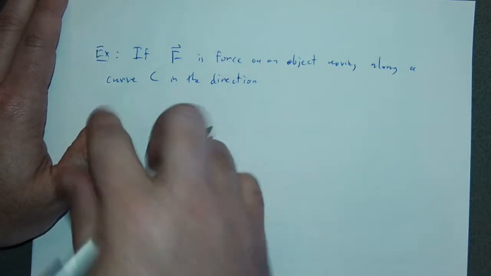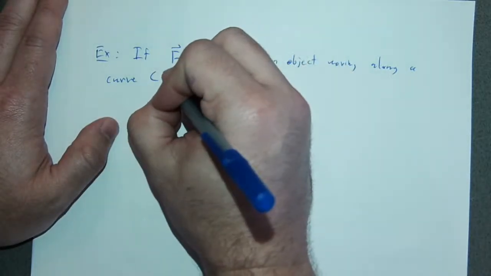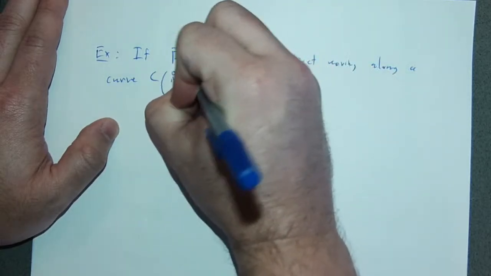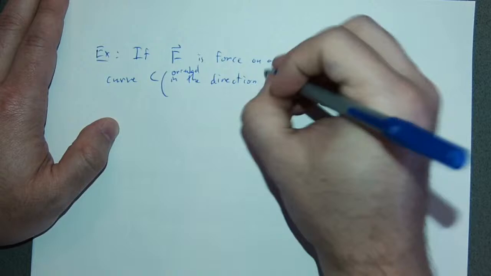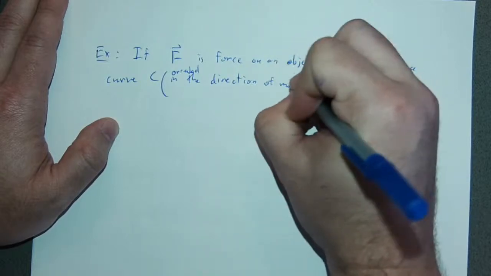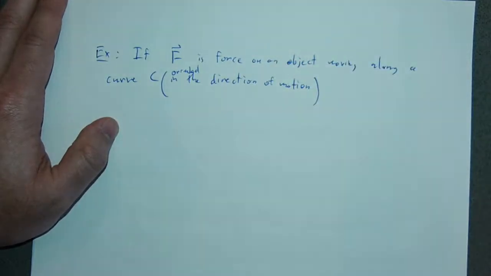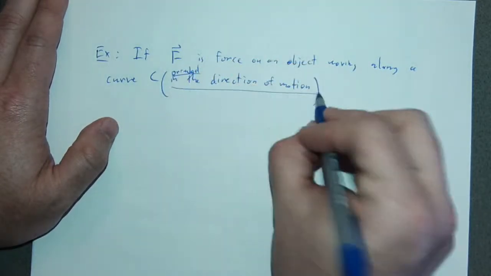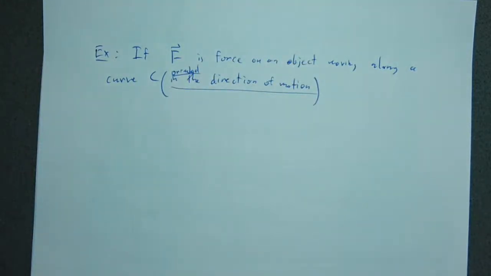So the curve C, we should say, is oriented in the direction of motion. It matters that C is oriented in the direction of motion here, or else what I'm going to say is not going to be true. So that's one of the consequences of orientation mattering for this thing.